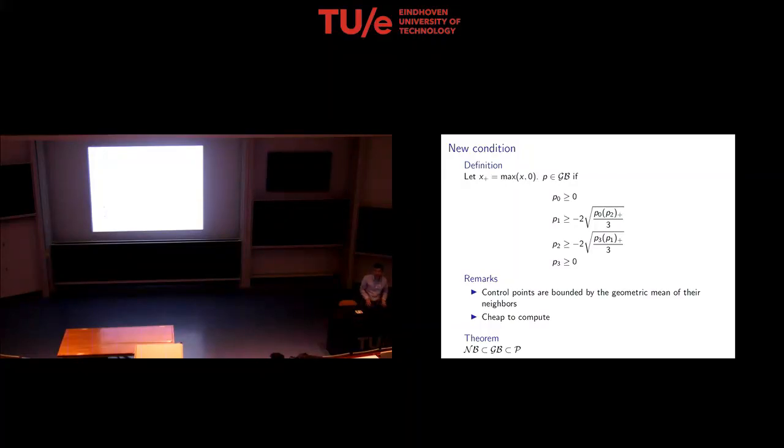It contains the set NB. We also have that every polynomial that's in GB, so every polynomial that satisfies these four inequalities, must be positive on the interval, or non-negative on the interval. Sorry, sometimes I'll say positive. For this whole talk, I mean non-negativity.